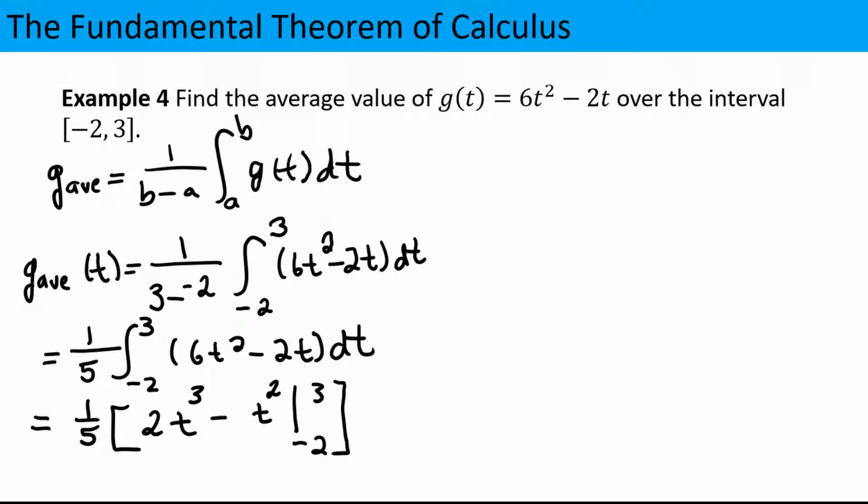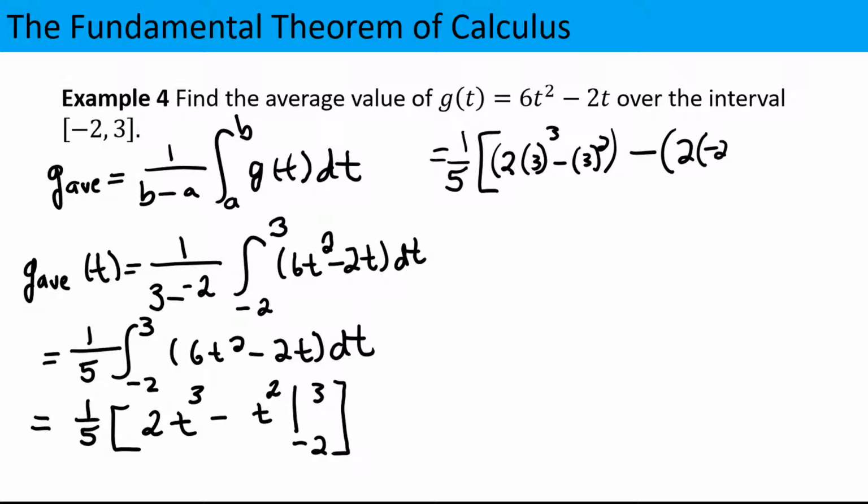Let's proceed. You will have 1/5 of, and then 2 times 3 cubed minus 3 squared, minus 2 times -2 cubed minus -2 squared.